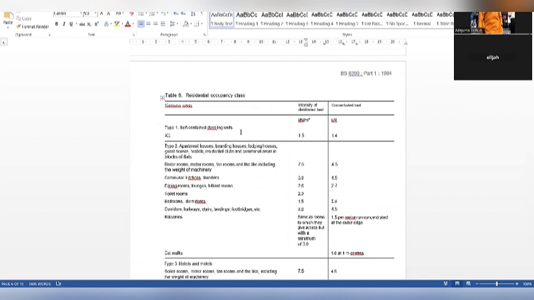So self-contained dwelling units. The intensity of distributed load. I told you that we have three basic forms of load units, right? And are you with me? Yes. And on this particular table, you can see them represented here. We have the intensity of distributed load, and that should automatically tell you what it is.